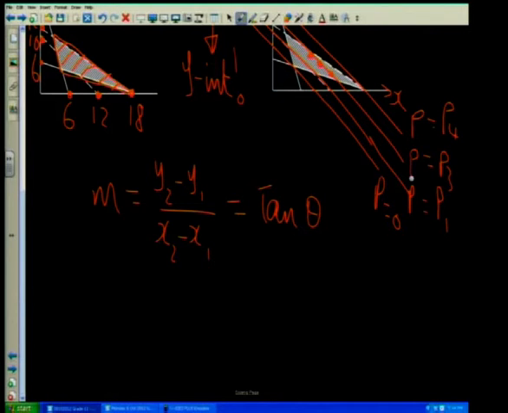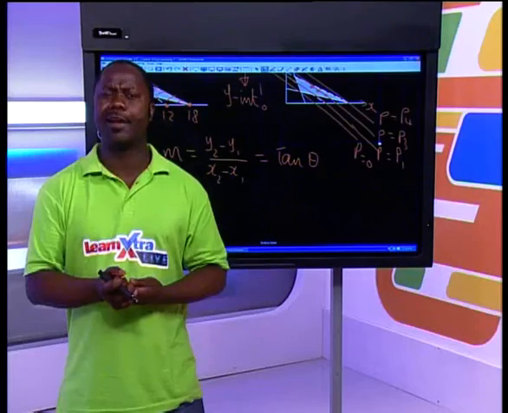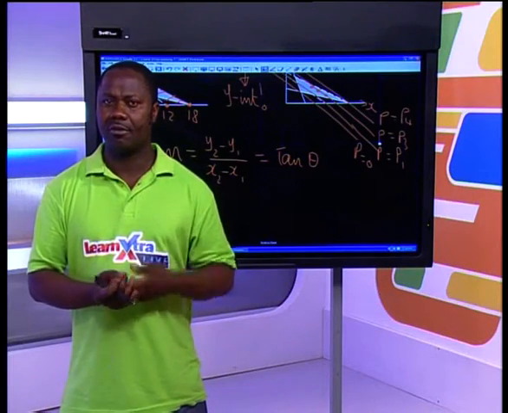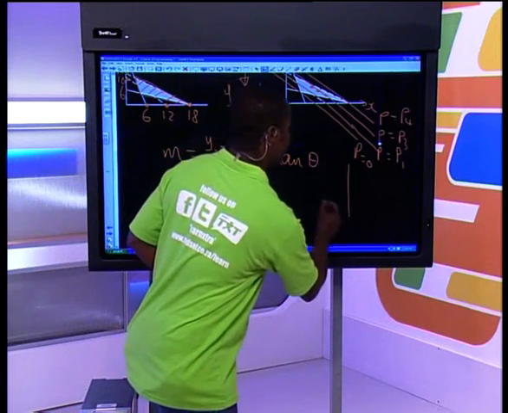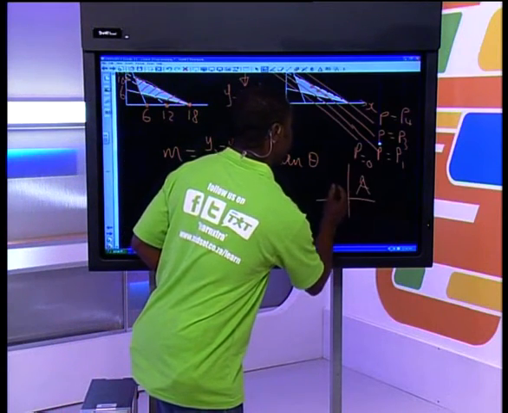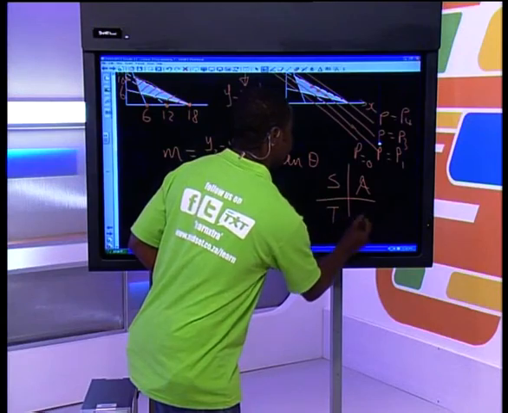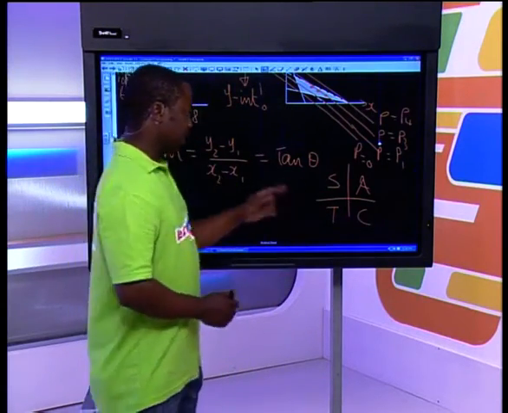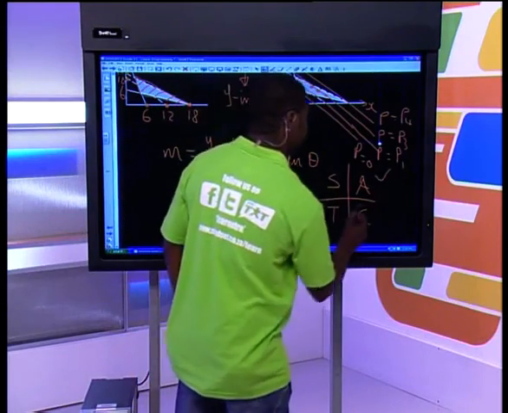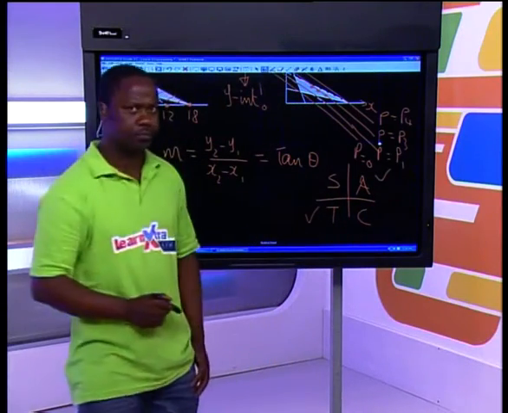Now ask yourself, where do we have tan negative? Then I'll remind you of what you call "All Students Take Coffee." Some people prefer to call it CAST. Tan is positive in the first quadrant and the third quadrant.